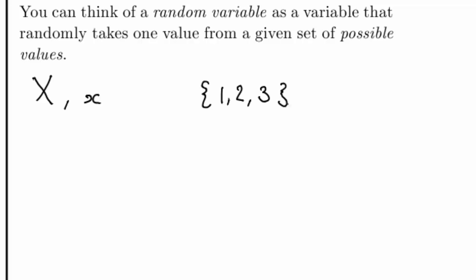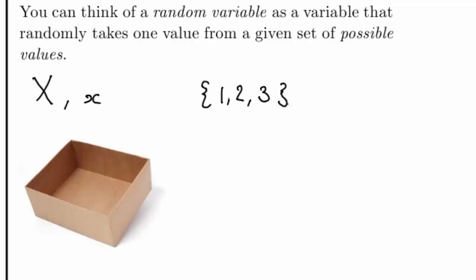You may also think of a random variable as an extension of the mathematical concepts constant and variable. A useful way of thinking about a variable in mathematics is as a box. The label of this box is the name of our variable, say x, and this box will contain a number.